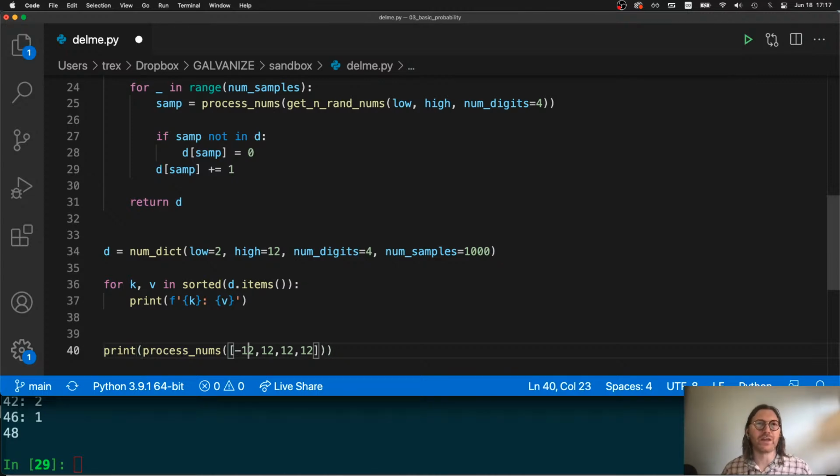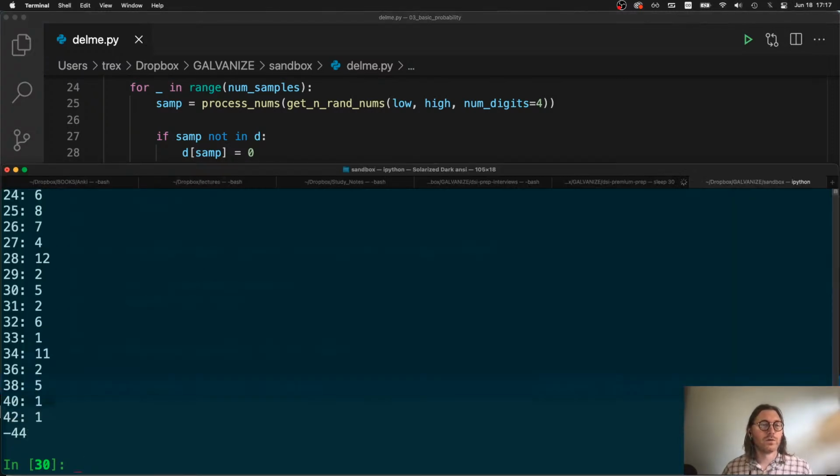And the least is, as I said before, this least number, all of our 11s. So that should be -44, which we do see.